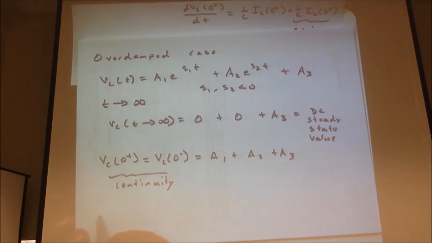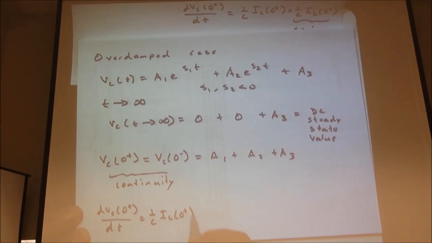And what about dVC(0+)/dt of VC? Well, as we said, that's 1 over C IL(0+) in this particular circuit. And that's specific to this circuit. We'll look at the parallel circuit next class. What does that mean?